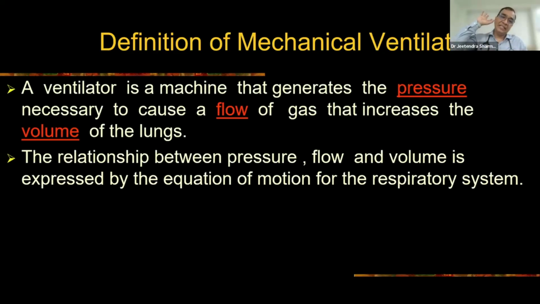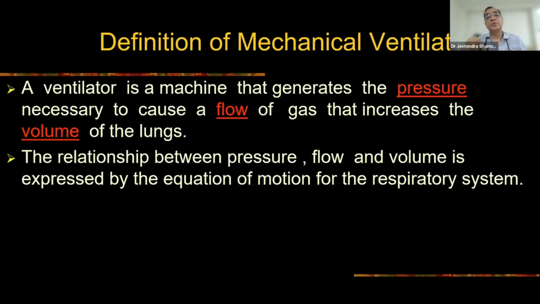First, it generates pressure. This pressure flows the gases from the ventilator to the lung. Eventually, a certain volume of gas is delivered into the lung. So that is the sequence.